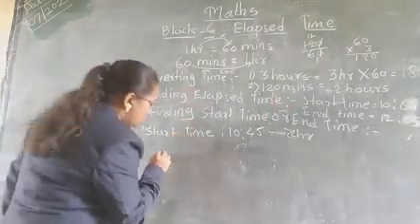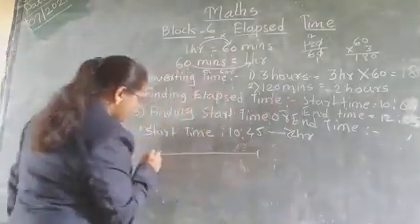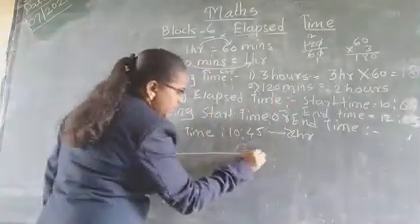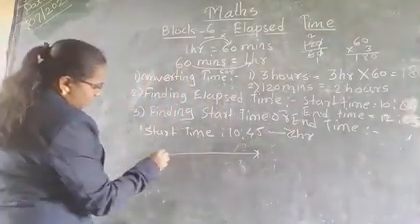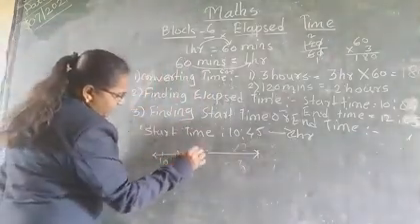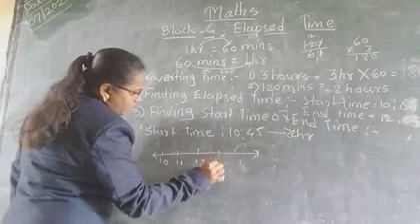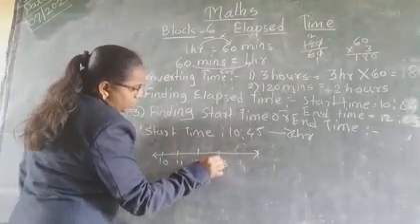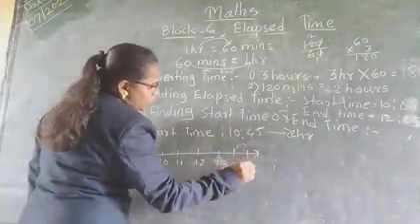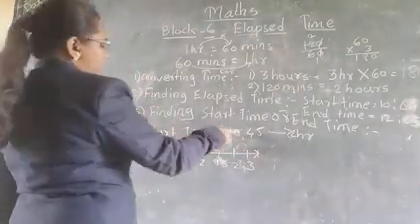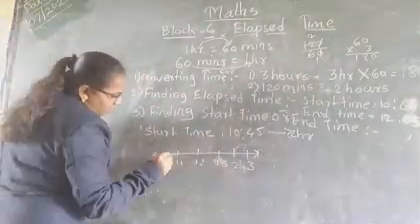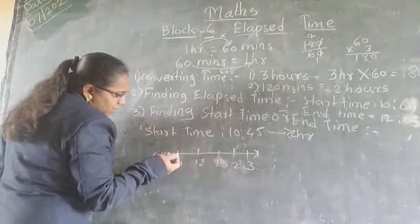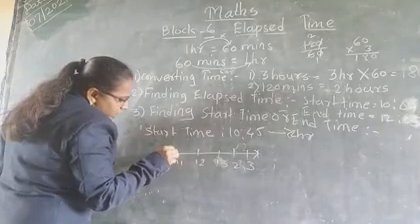So you draw one timeline and on this timeline you mark 10, 11, 12, 1, 2, 3. You know that 10:45 means after 10 but just before 11.